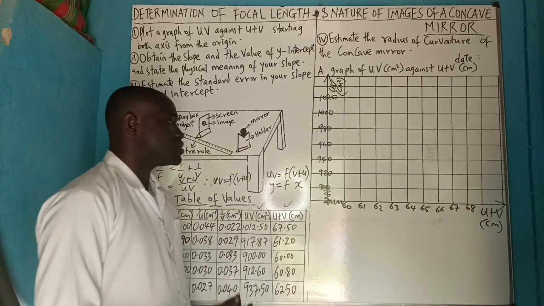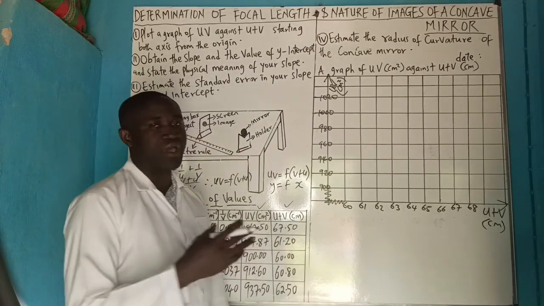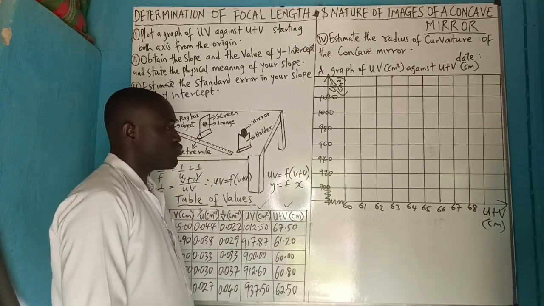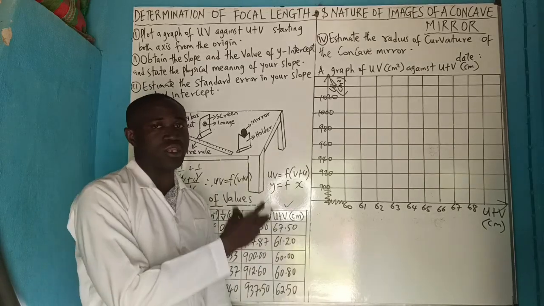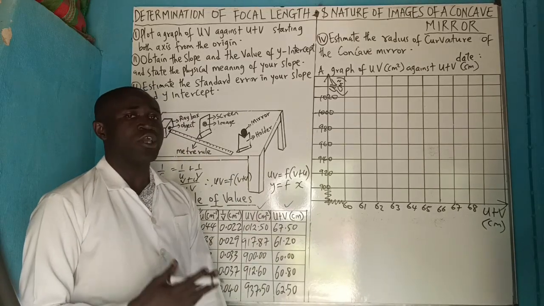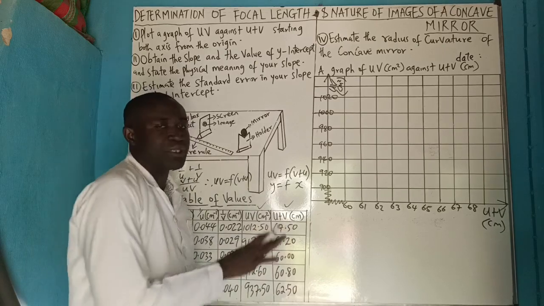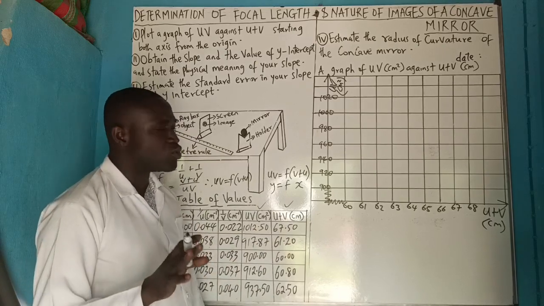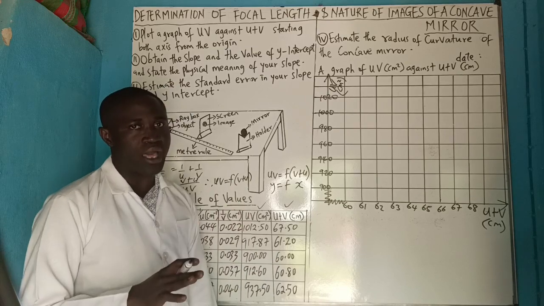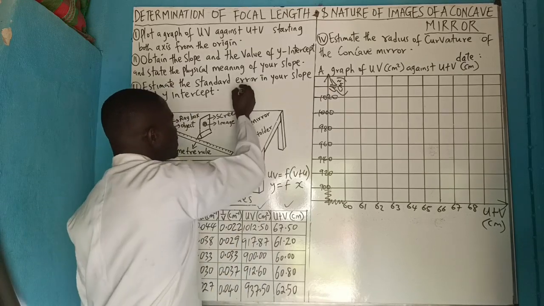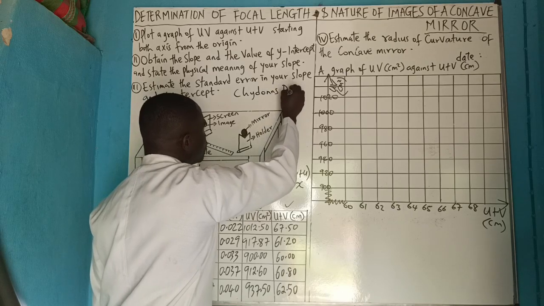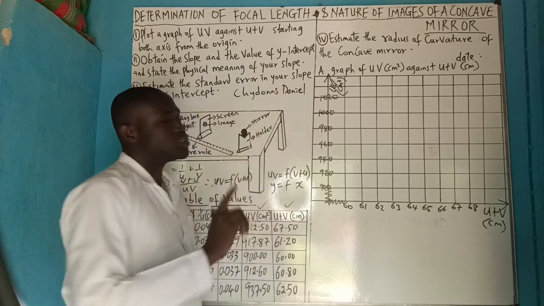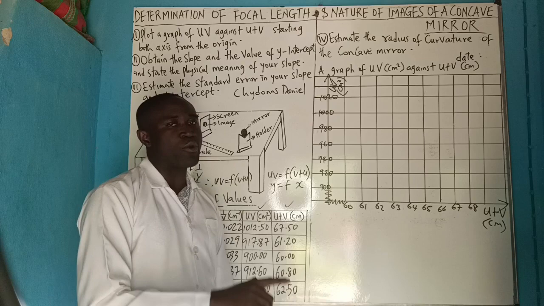Remember we said choosing an appropriate scale is very easy, and we don't use the formula anymore because we have become conversant with choosing an appropriate scale. We want to see how we do it bit by bit. All you need to do is to click Chidon's Daniel on YouTube, the video on understanding how to choose an appropriate scale.